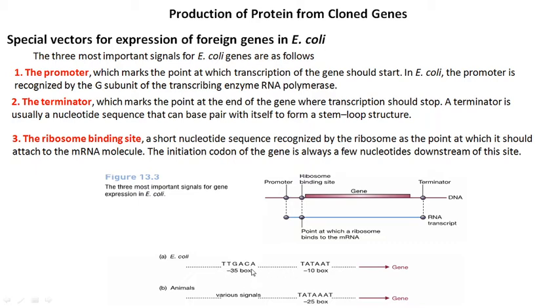So this is called the promoter region from -35 to -10. In the -10 region there is a TATA box in the case of E. coli. Similarly, in the promoters of various animals, you can see the TATA box is present in the -25 region. So that's about the promoter and terminator regions.